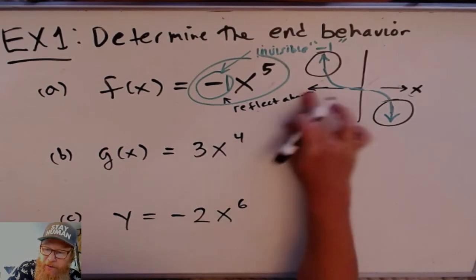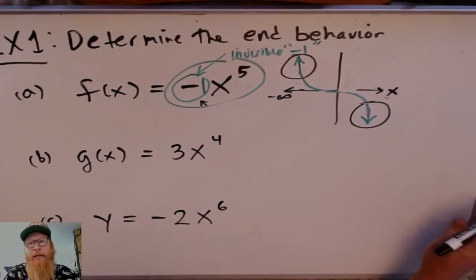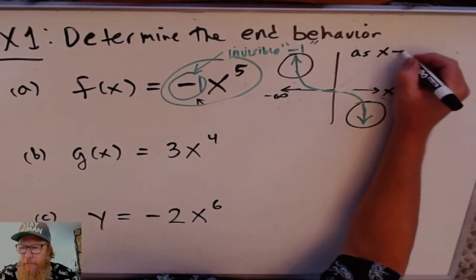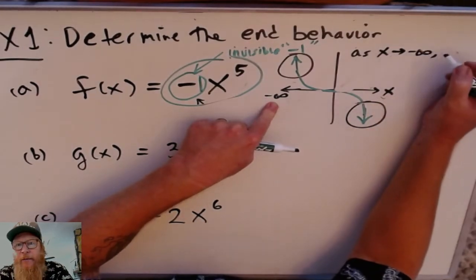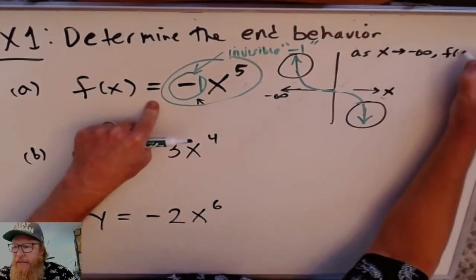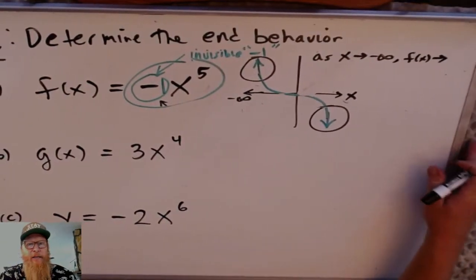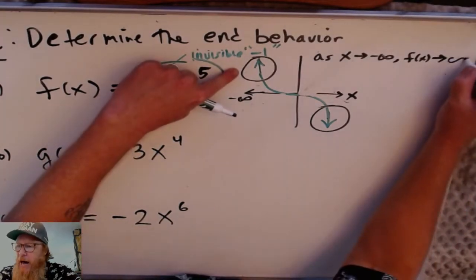Always start with the left end. Okay, so you're going to say as x approaches -infinity, what's happening to f of x? F of x is approaching, we're looking at the left end, f of x is approaching +infinity.